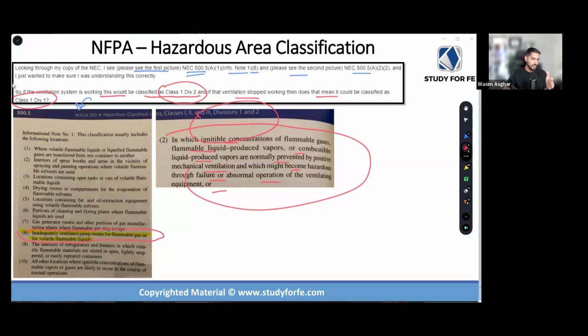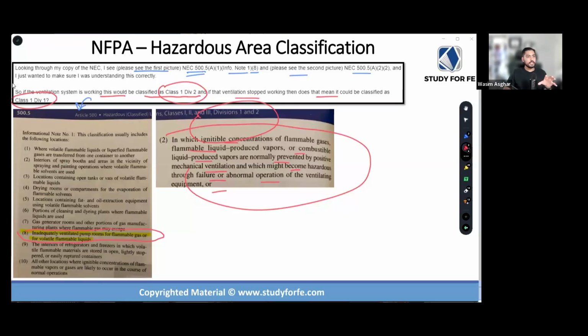Now, if you look at what the student is asking, is the ventilation system supposed to be working under normal operating condition? What do you guys think? Yes, that's what it is there for. If it is not working under normal operating condition, might as well not have it, correct?